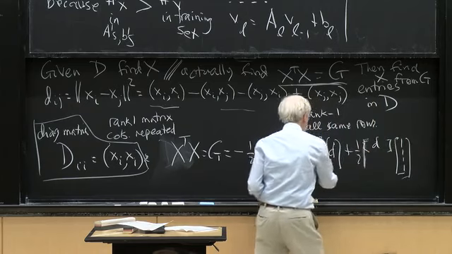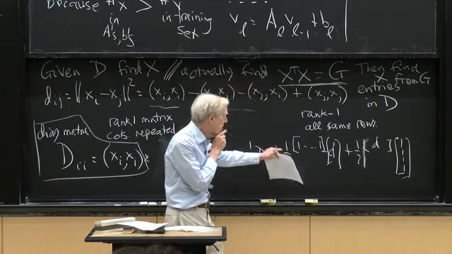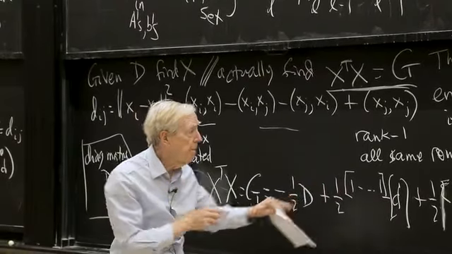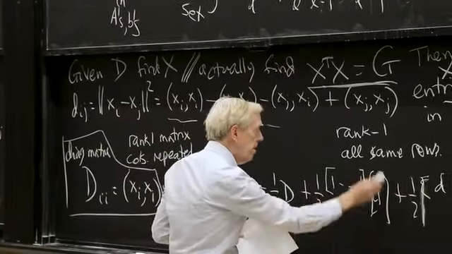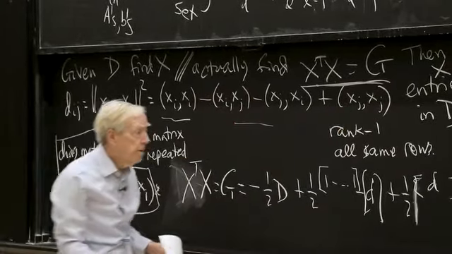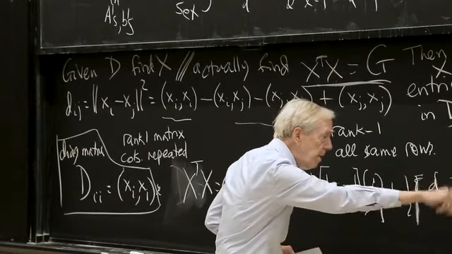That's a matrix with constant rows, coming from there. This is a matrix with always the same columns.